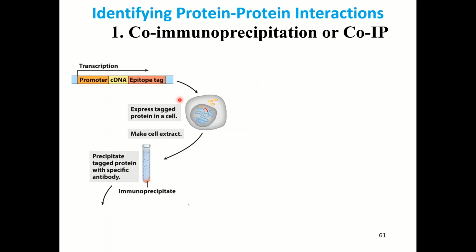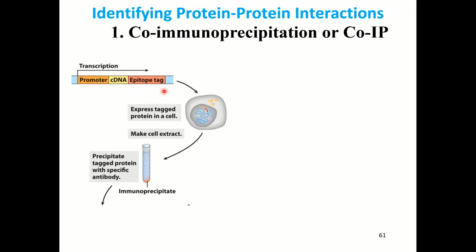For TAP tags, the first step is co-immunoprecipitation, or co-IP. For immunoprecipitation, you have your gene of interest, represented here as just cDNA from that gene, attached to an epitope tag. And remember, an epitope is a sequence that an antibody binds to.